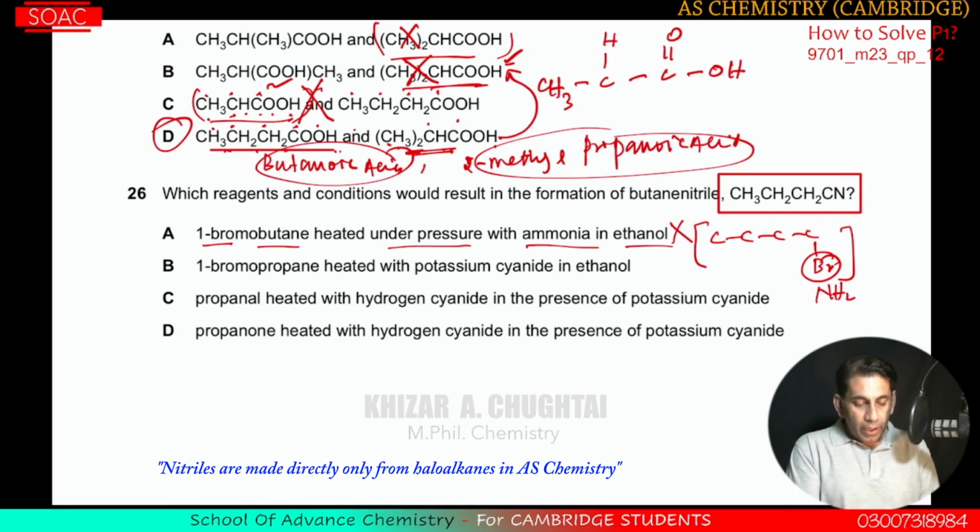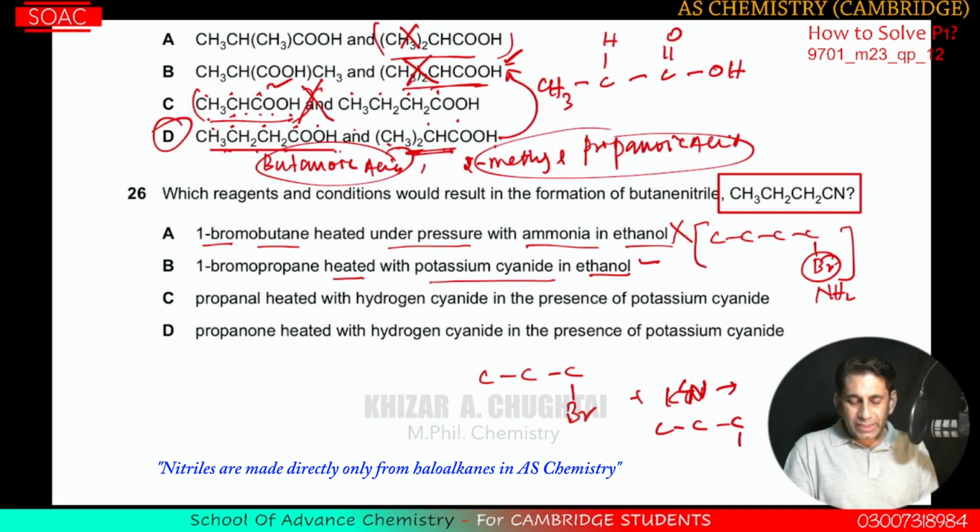The next one, 1-bromopropane heated with potassium cyanide and ethanol. Yes, if you are having 1-bromopropane, then by reacting with KCN, you are going to have CCC, the older ones, and a new CN.